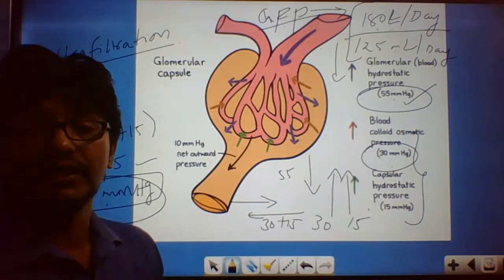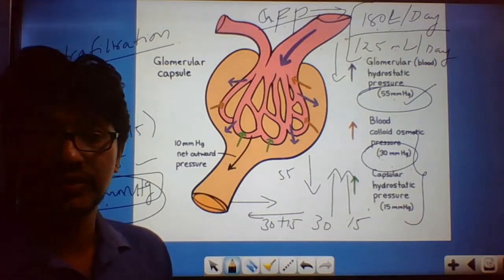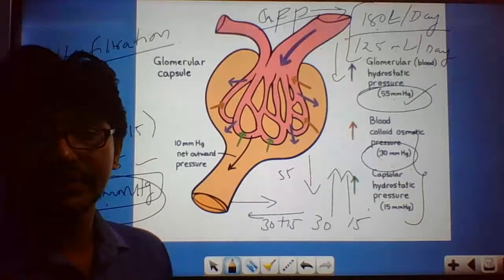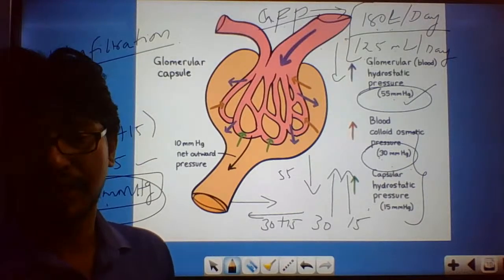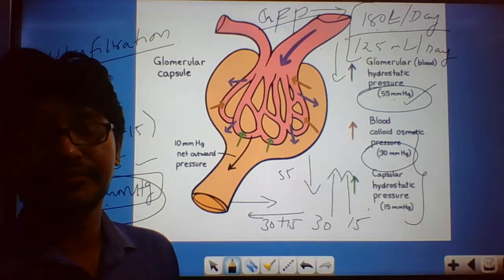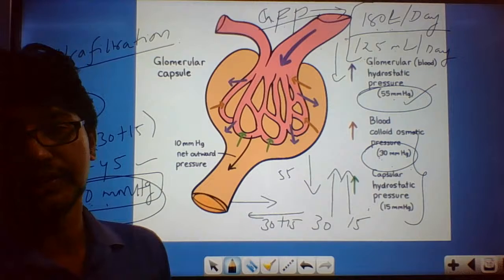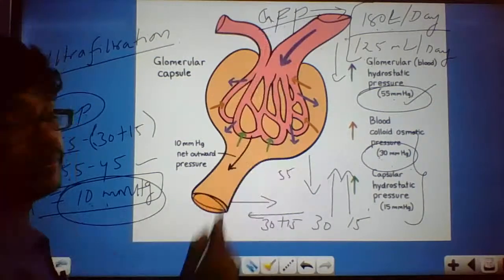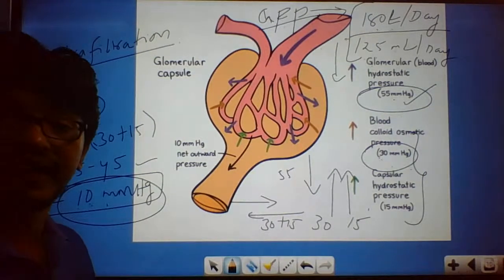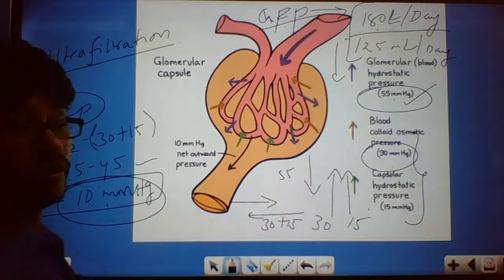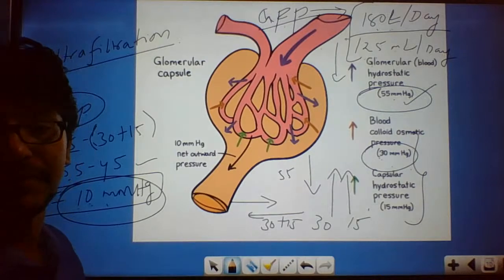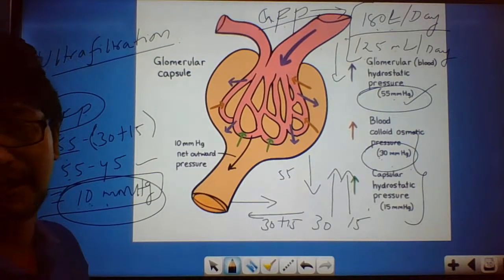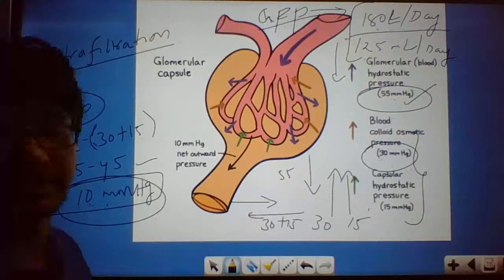If they give options with a range of pressure from these two pressures, you must be in a position to identify it. This comes under a category called ultrafiltration pressure. Sorry, ultrafiltration, that is GFP, the glomerular filtration pressure. It is the amount of filtrate coming out of the glomerulus per minute after the ultrafiltration.